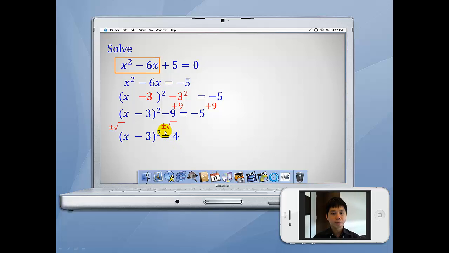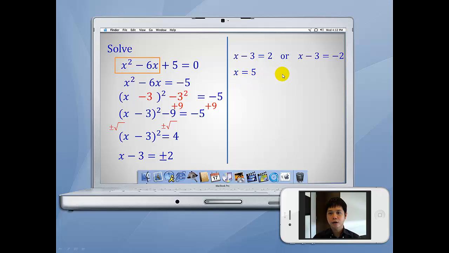And remember the plus minus sign. On the left hand side, we will be left with x minus 3, and on the right hand side, we will have plus minus 2. What this means is that x minus 3 equals positive 2, or x minus 3 equals negative 2. We shall now add 3 on both sides. We have x equals 5, or x equals 1.